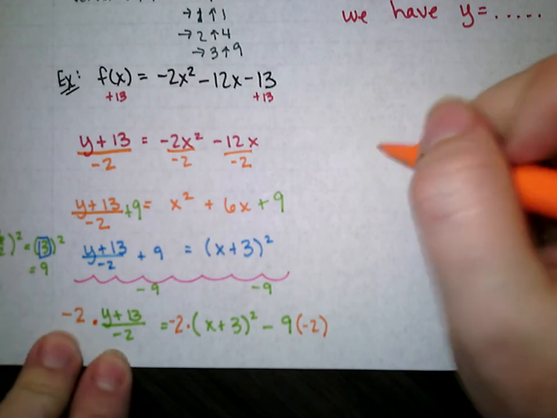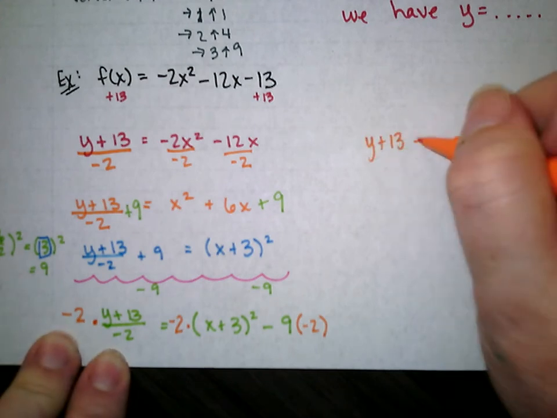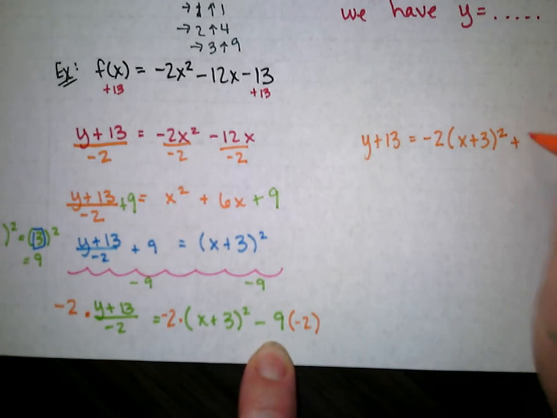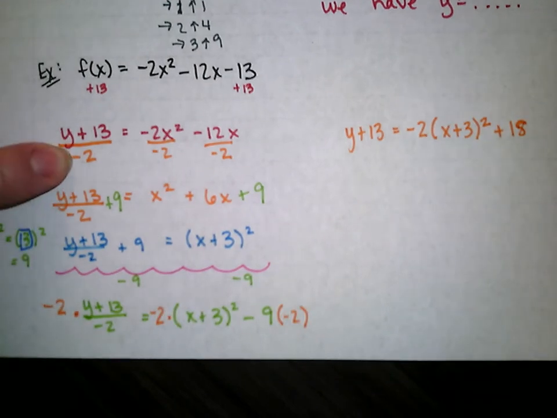So on the left side now I have y plus 13. On the right side I have -2 times x plus 3 squared. And then that's going to be plus 18. Okay. And then right before I had divided by -2, I added 13.